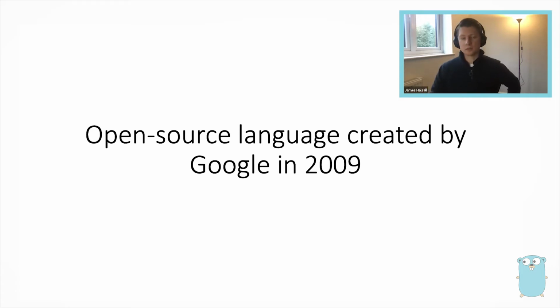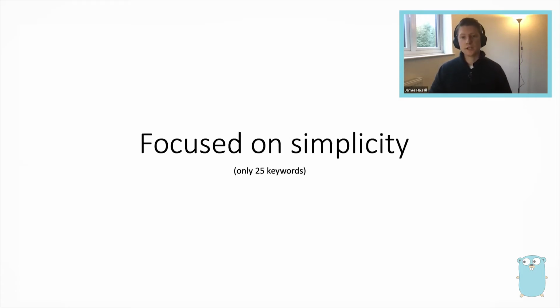And what they wanted to do when they designed this language was really just dial in on the simplicity. So in Java and C++, there's a lot of bloat. So you could say there's a lot of features in the language. Some people would call it bloat. There's a lot of ways of doing things. And in C++, the build times are quite slow as well.